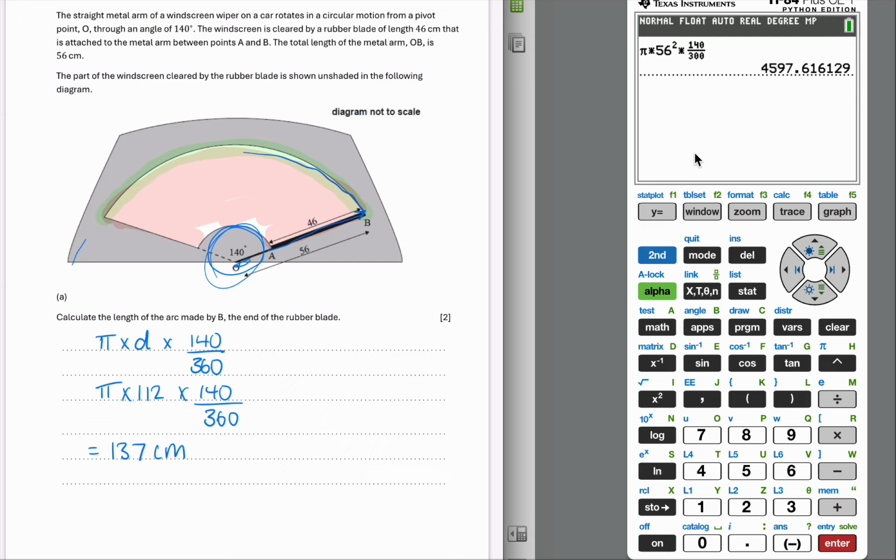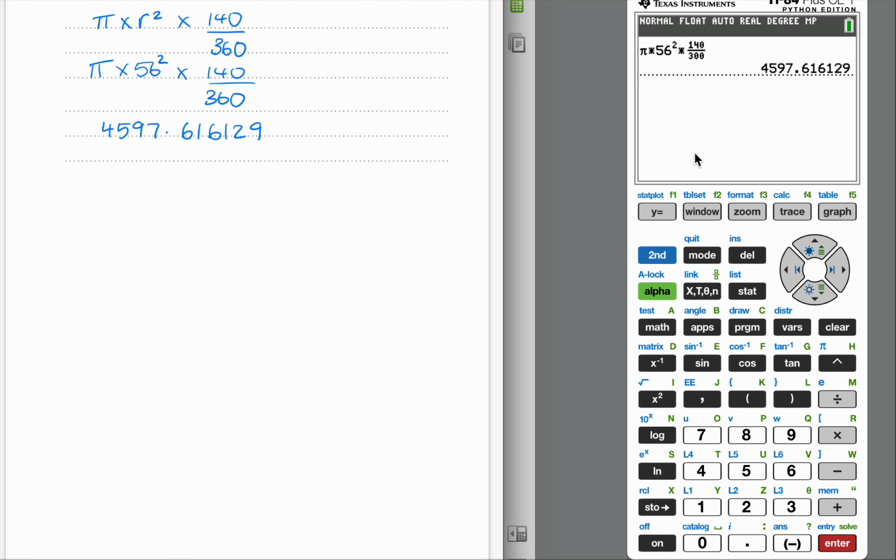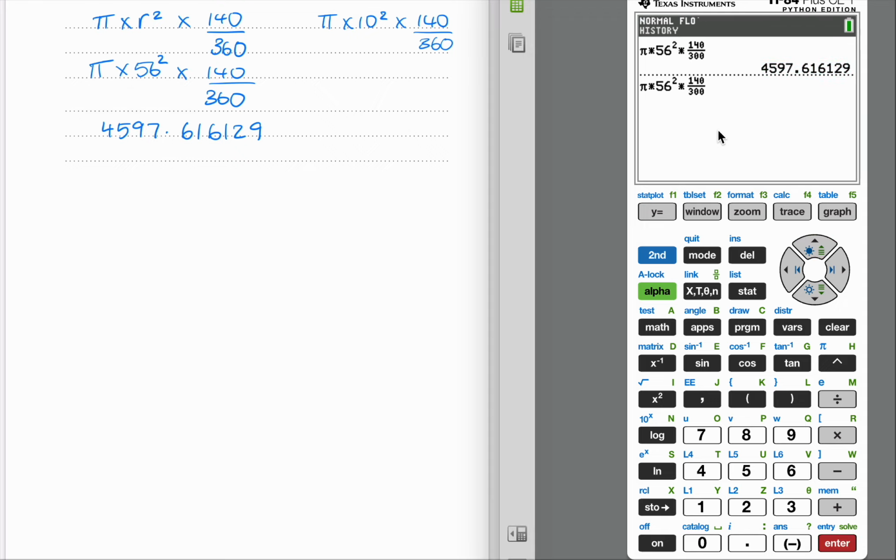So this one has a radius of only 10. It's the difference between the 46 and the 56. So now I have pi times 10 squared times 140 over 360. If I use the up arrow on my calculator, I can actually copy this and then just change to 10.